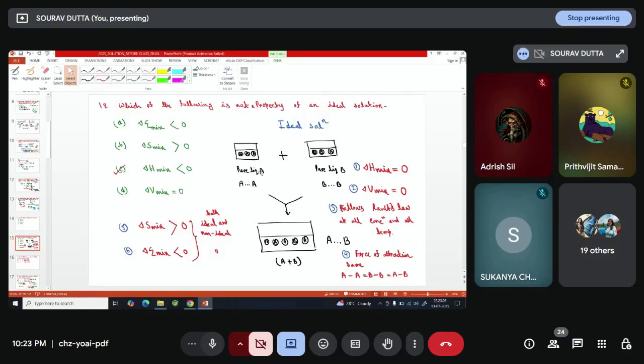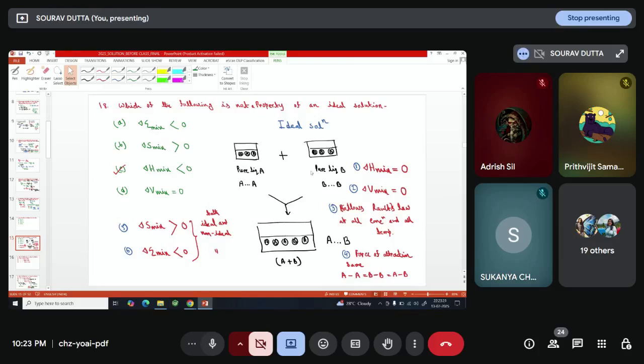Now in the pure liquid there is an AA interaction, and in case of B there are B molecules, so there must be interaction between B molecules, BB interaction. When they are mixed, there will be a new interaction, that is AB interaction, because in the mixture A and B both are present.